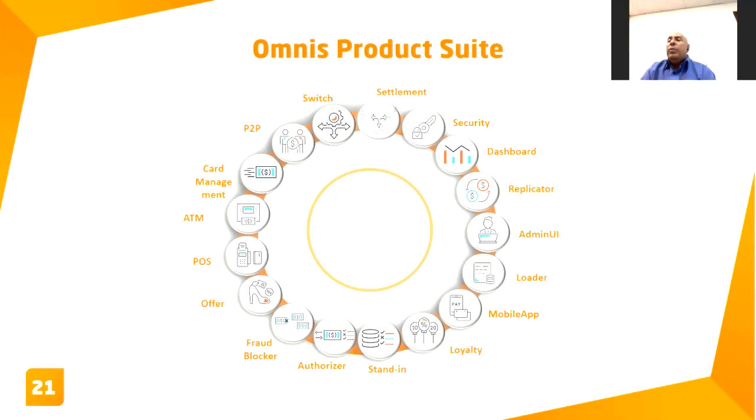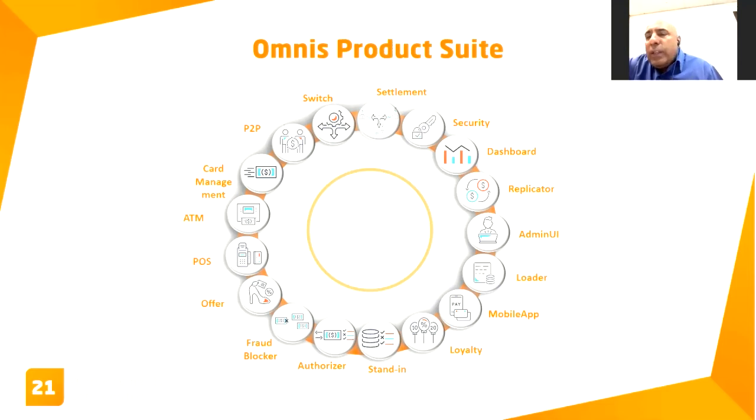In addition to that, you can implement the stand-in module. The stand-in module is a module which will protect you if there are any network failures with the IBM host, or if your mainframe host is processing batch jobs and is down or is late. The stand-in module will stand in for those transactions.